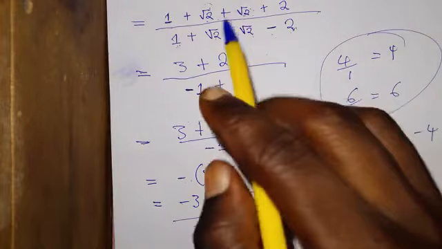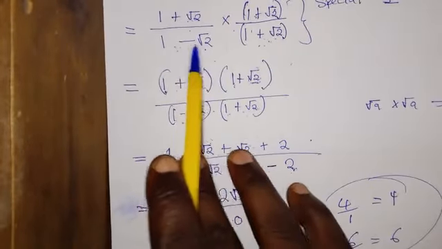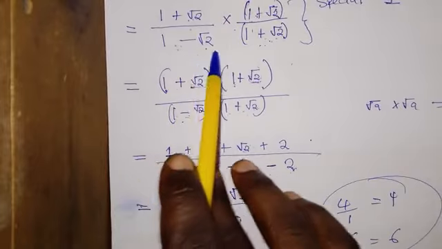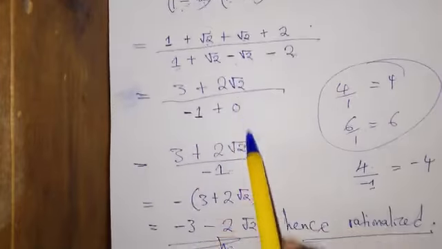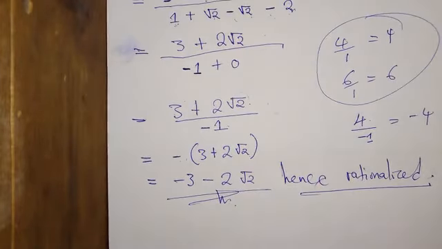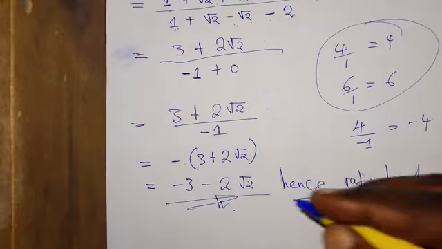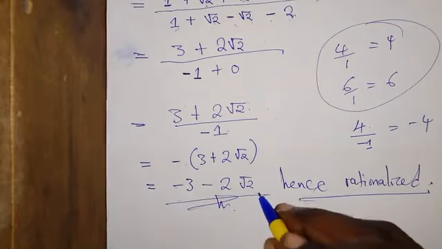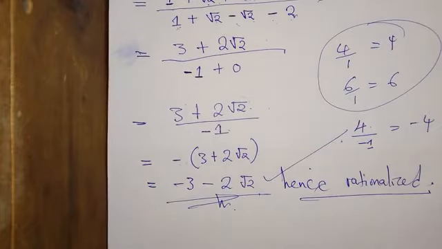That surd which was in the denominator was supposed to be deleted. Hence, we have successfully done our part until we've arrived at our final answer, which is negative 3 minus 2 root 2. This is not in the denominator, it is in the numerator. Hence, rationalized.